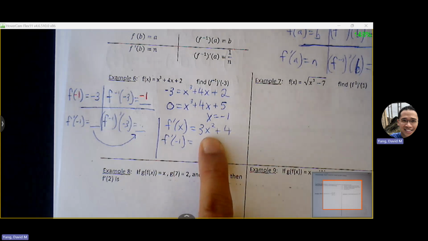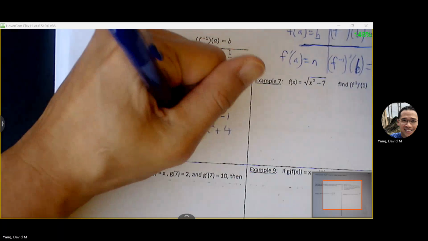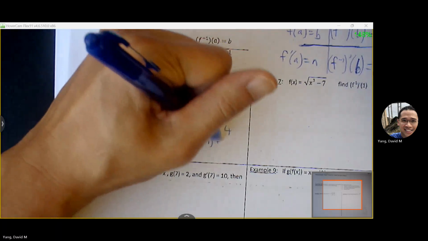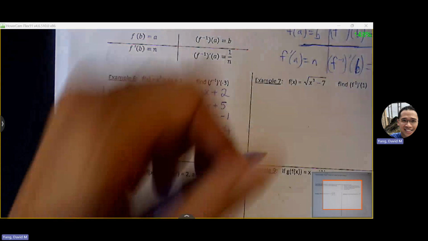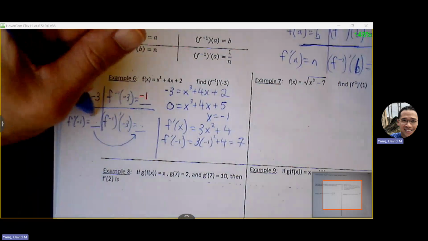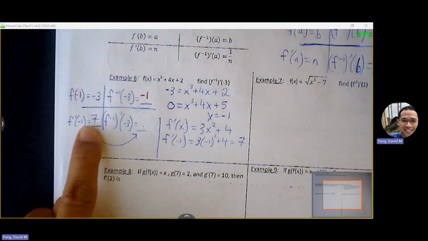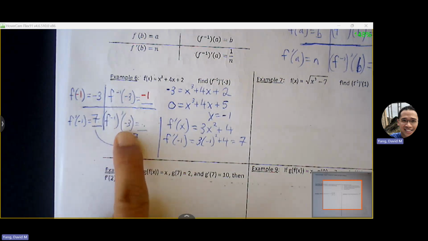What happens if I plug -1 in for x? Equals 7.